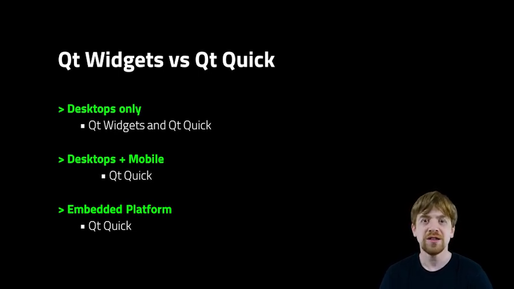If typically it's a desktop-only application, you can either choose Qt Widgets or Qt Quick. I will say that in most cases, Qt Widgets will fit your requirements, especially if it's a desktop application with keyboard and mouse. For all other purposes, if you want more of a smartphone-like UI, you may consider using Qt Quick and QML.